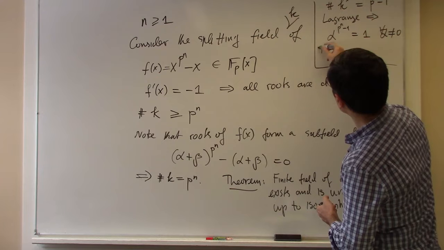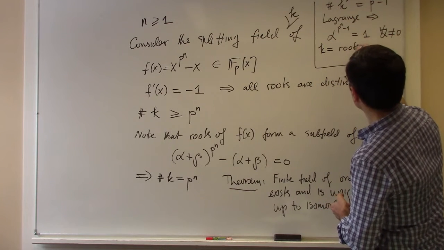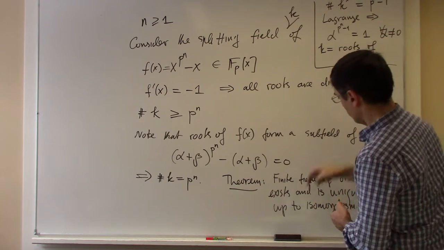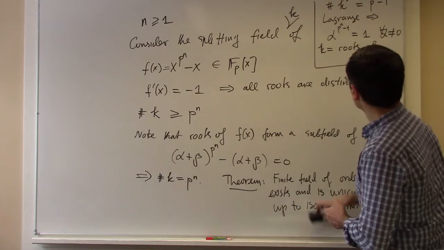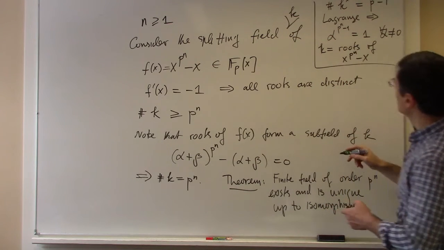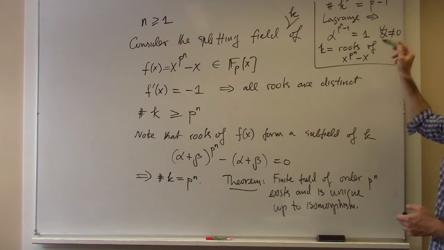the elements of K are the roots of x^(p^n) minus x. So really, this field is already the splitting field of this polynomial.